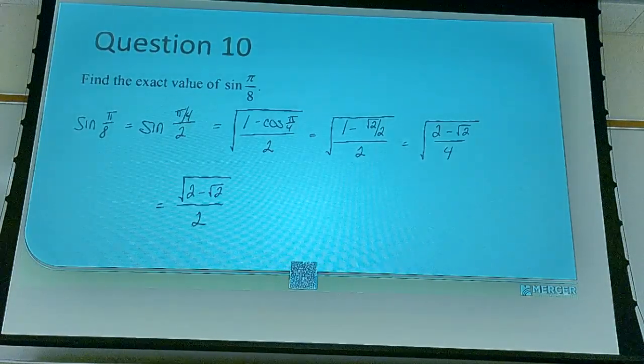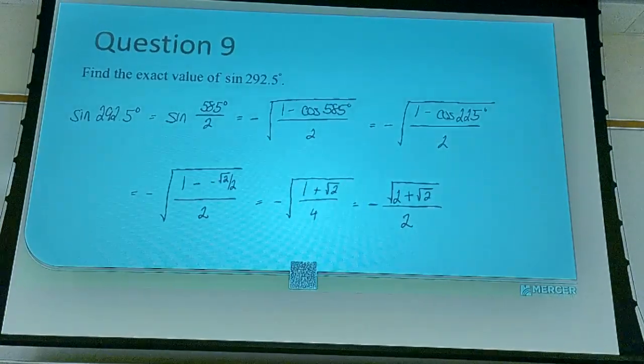Clear out the compound fraction, simplify: square root of 2 minus square root of 2, all over 2. Fix that real quick.